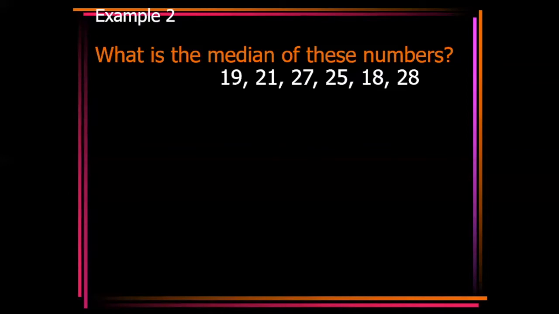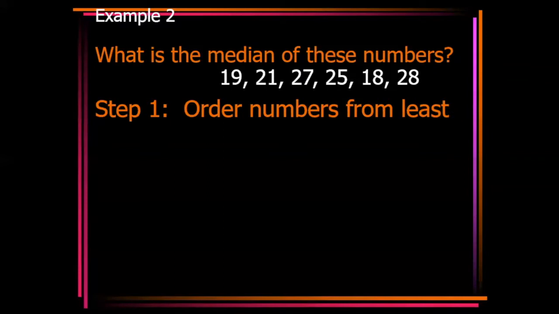Our first step is to order the numbers from least to greatest, or arrange them from least to greatest. Okay, so now order these numbers from least to greatest. Let me see you do it. Some persons are missing 25. Okay, good job. So our first step, like we said, order the numbers from least to greatest.